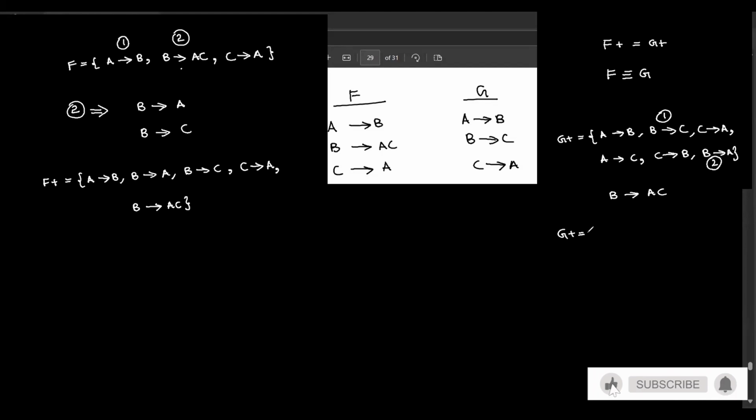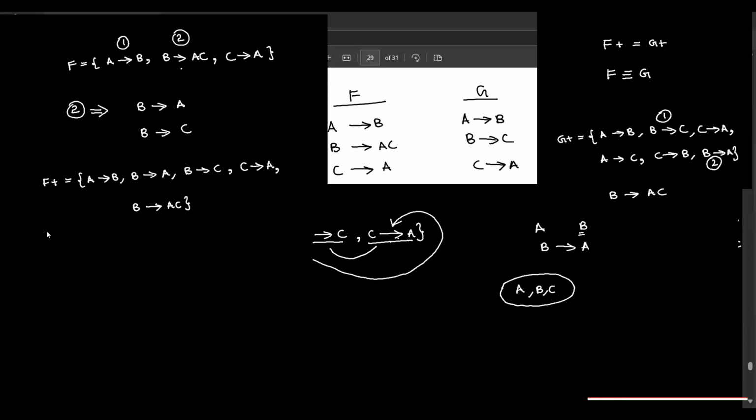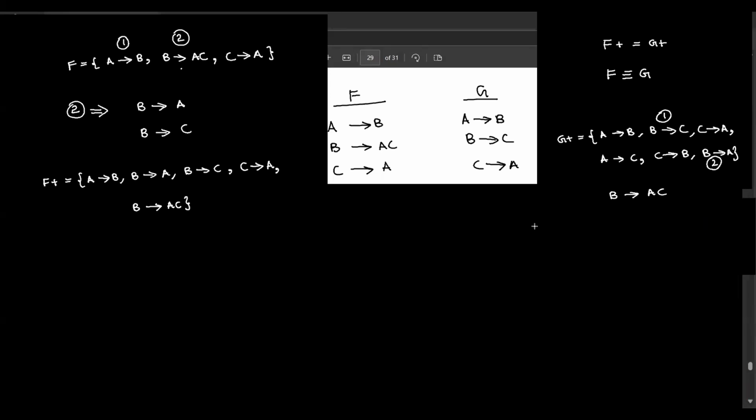So I can say G plus is equal to, I'll write it on this side so I can have them all in a single line: A functionally determines B, B functionally determines C, C functionally determines A, A functionally determines C. Actually, these are not required because those are not given here, but let's just write them down because we found them. B functionally determines A, and the newcomer, B functionally determines AC.